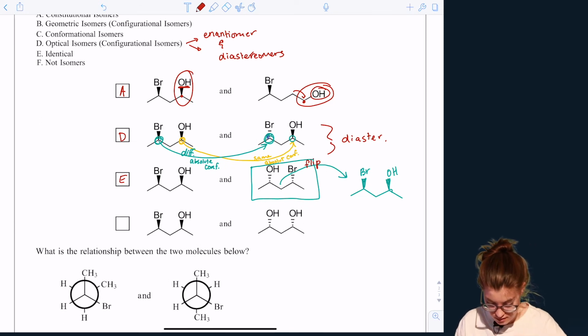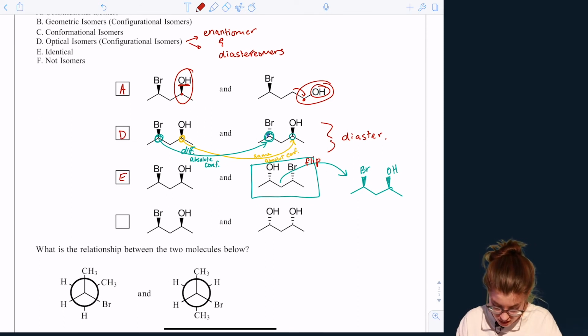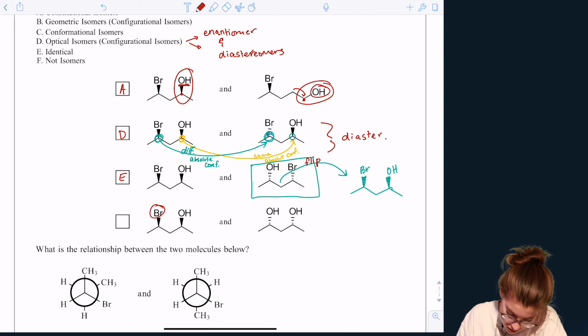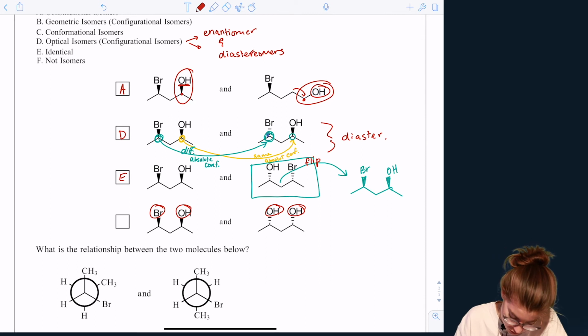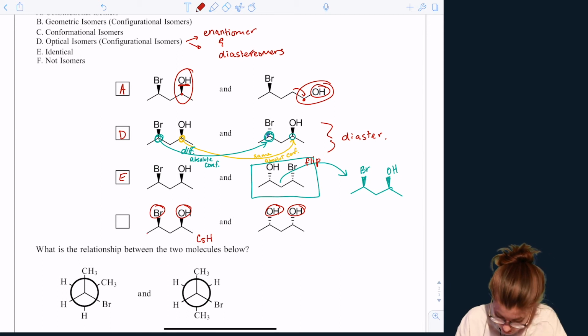All right, and the last one here. Okay, so I have a bromine and an OH, and I have an OH and an OH. I don't even have a bromine on this molecule. In fact, if I look at the molecular formulas here, 1, 2, 3, 4, 5, this has C5H11, O, and then a Br.